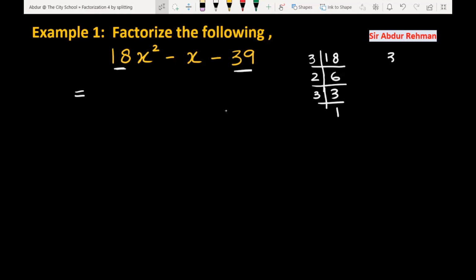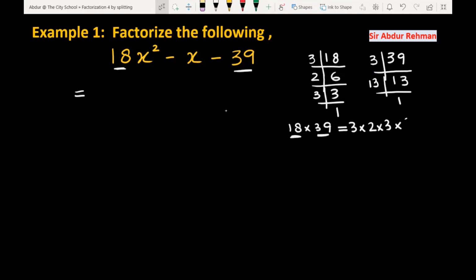The prime factor of 39 will start with 3, the smaller one. 3 times 13 is 39. Now write down as a product the prime factors of 18 and 39, the first term and the last term. The prime factors of 18 are 3, 2, 3. Then the prime factors of 39 are 3 times 13.